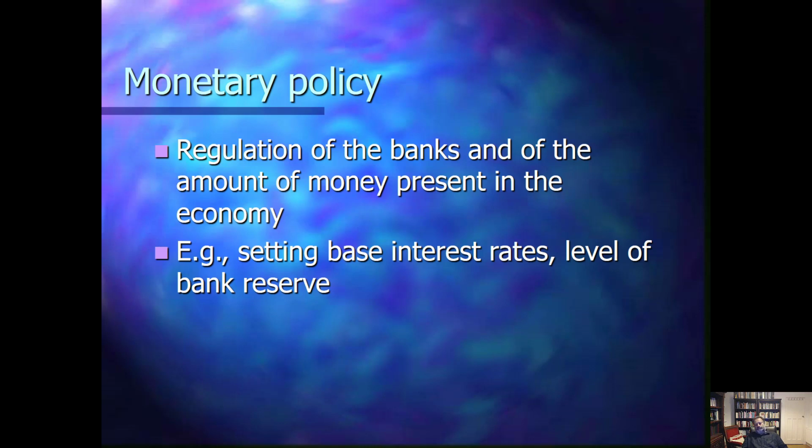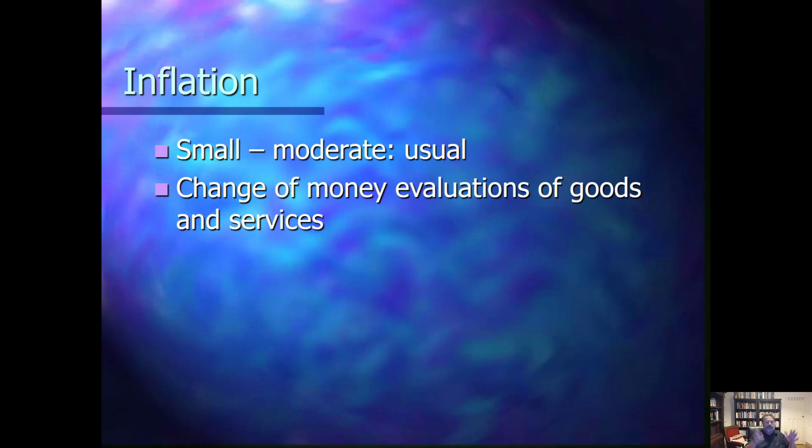Similarly, if the central bank increases the base interest rate that the banks need to pay to the central bank in order to get money from the central bank when they need that, again, that reduces the money in the economy, or when these changes are reversed, that can increase the volume of money within the economy. So this is how the central bank and the banking system influences the volume of money in the economy.